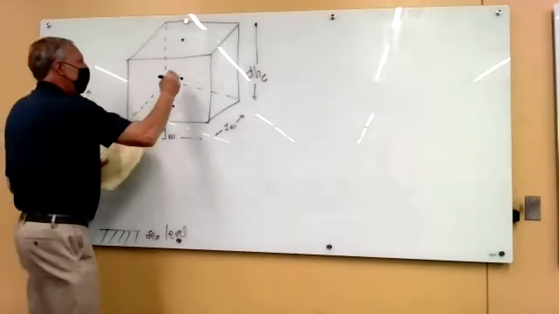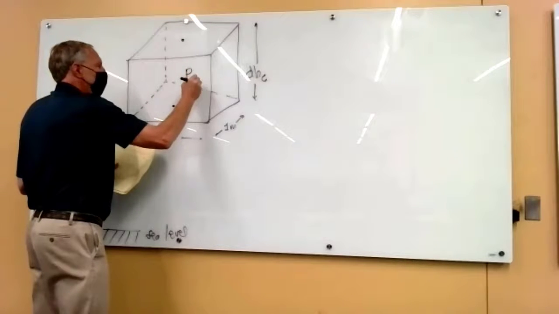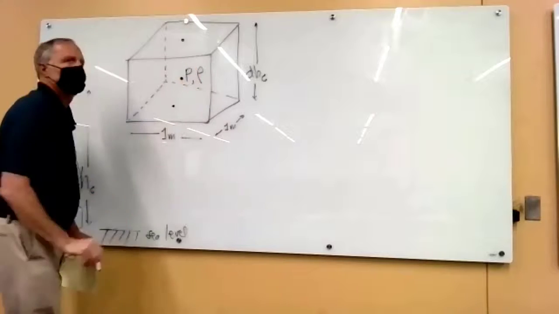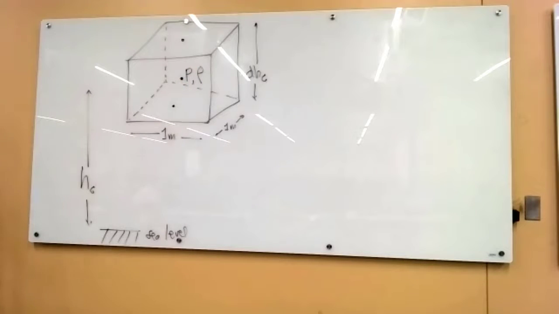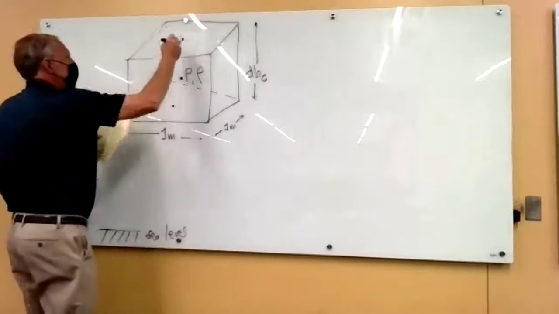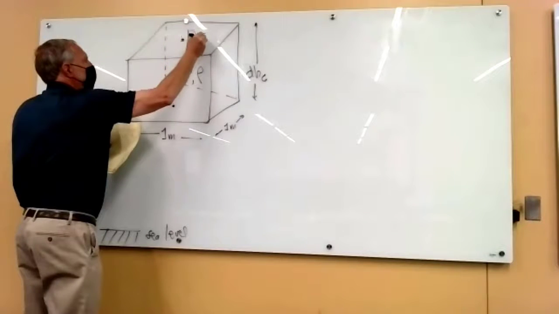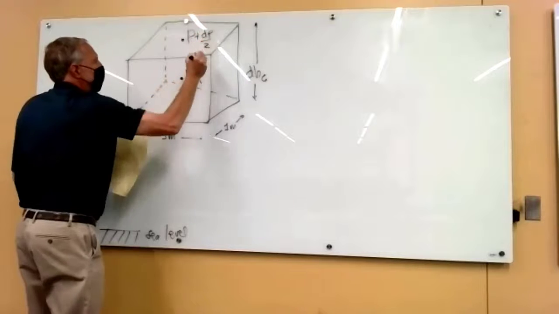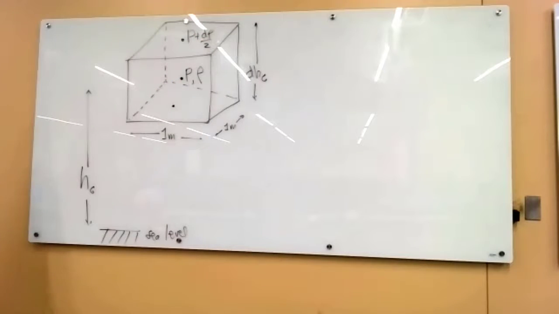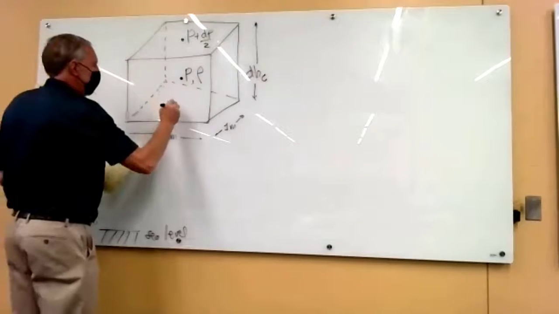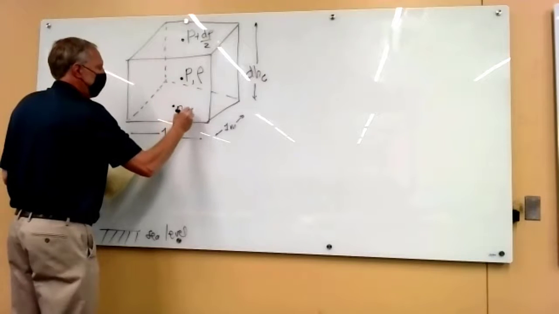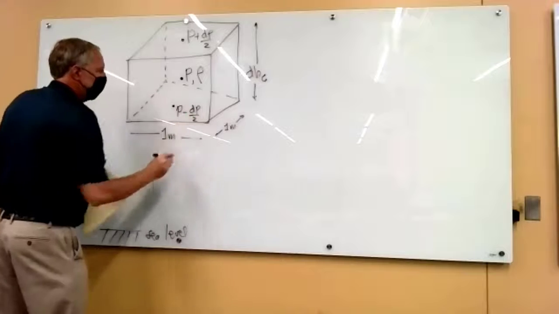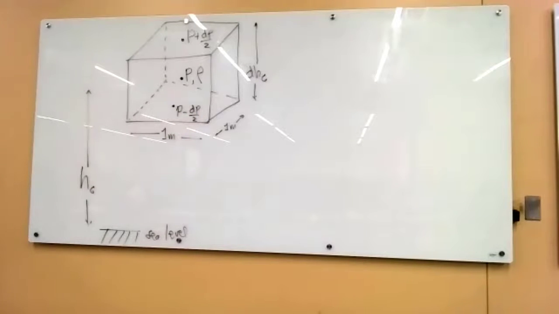So at the middle of the box, we're going to say the pressure is P and the density is rho. And then up at the top, it's going to increase by an amount dP over 2, because we're going halfway up the box. And then if we go halfway down the box, we're going to say it decreases by a dP over 2.